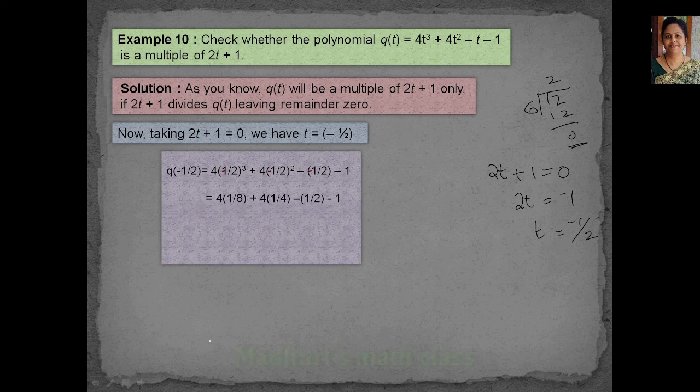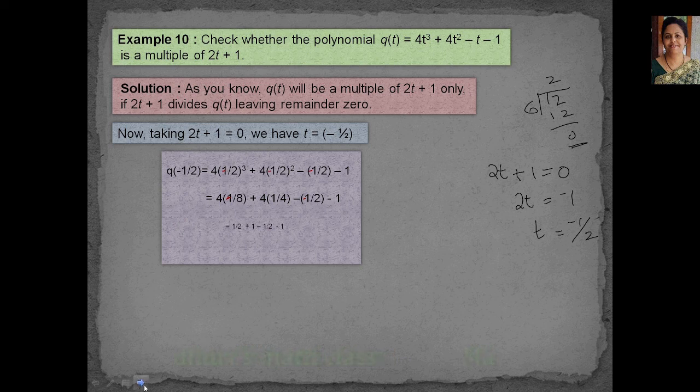So you will get 4 into negative 1 by 8, plus 4 into 1 by 4, because the product of two negatives is positive, minus negative 1 by 2, minus 1.